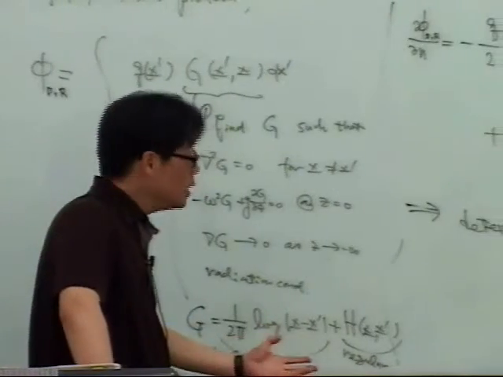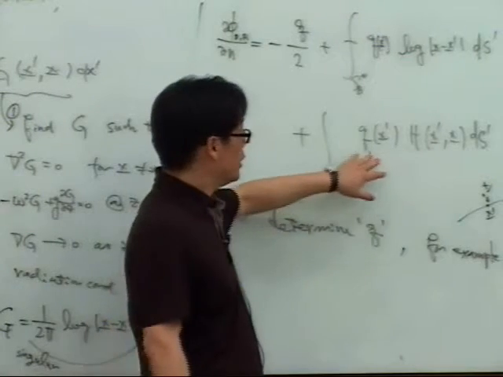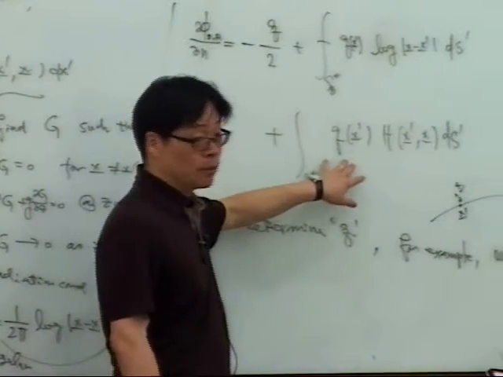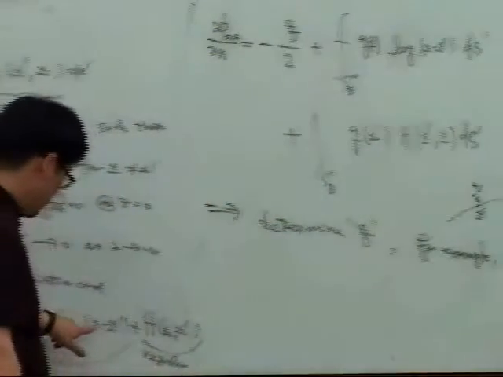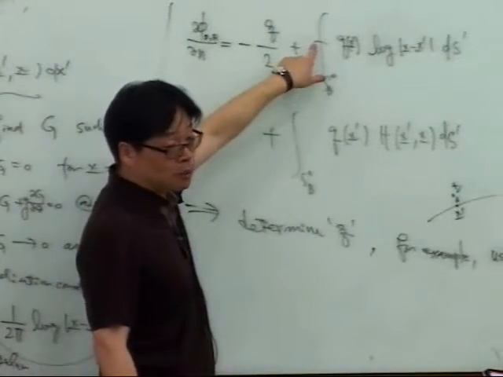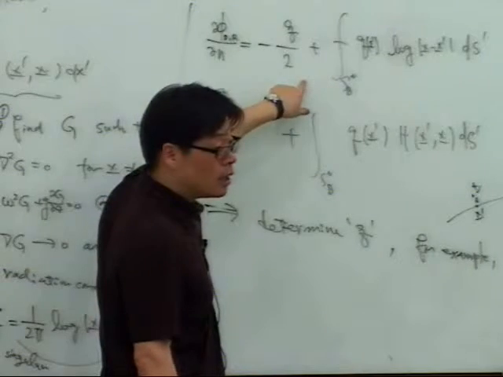But that is regular, so I don't have any trouble in integrating this or approximating this for a numerical method. But this guy is singular at x equal to x prime. That's why I have to make a special treatment to write it this way.